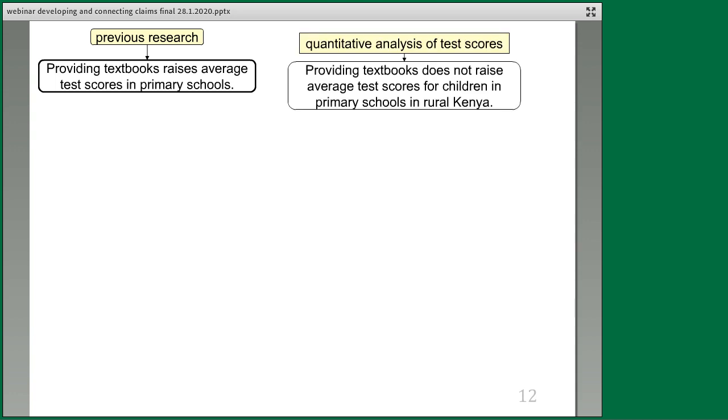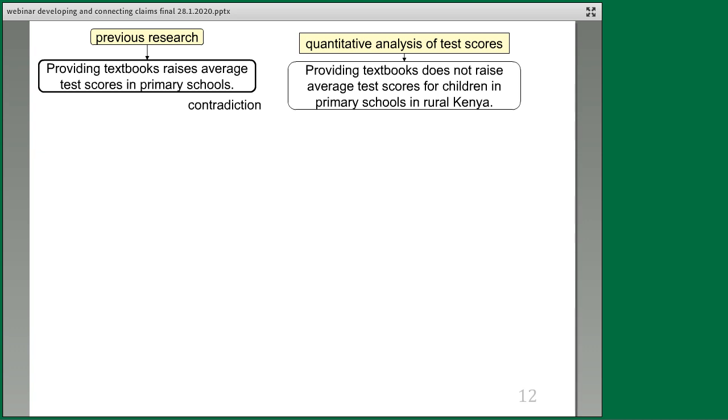So here we start with previous research, which had shown in general providing textbooks raises average test scores in primary schools. So we can also say we are already starting with a meta-inference, or at least an inference, which is taken from previous research. And then our next step from a quantitative analysis of test scores is that providing textbooks does not raise average test scores for children in primary schools in rural Kenya.